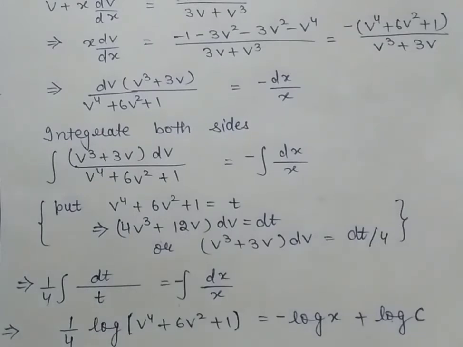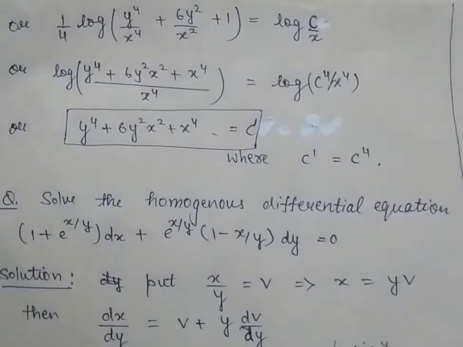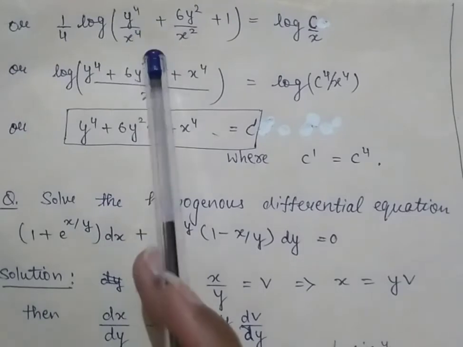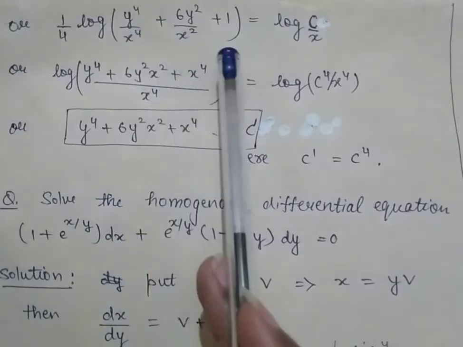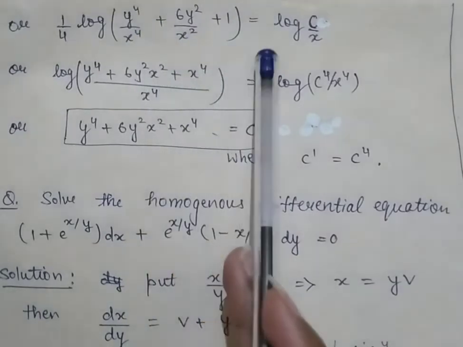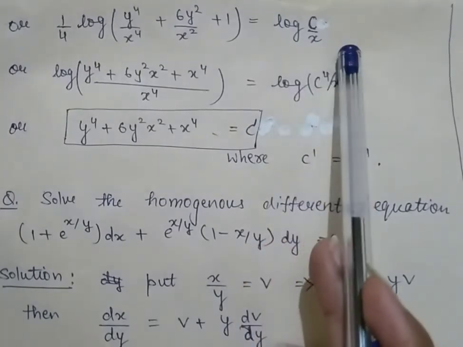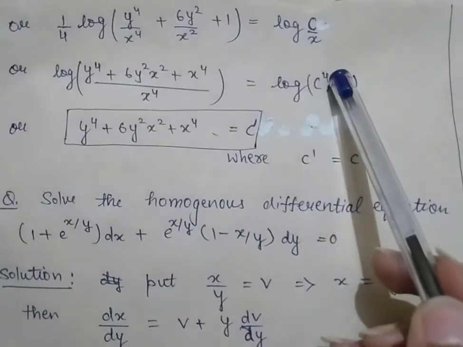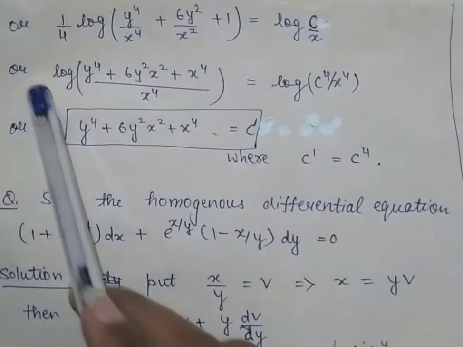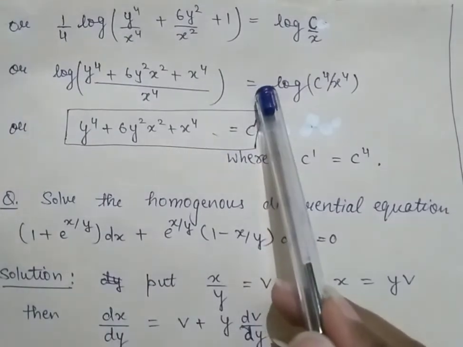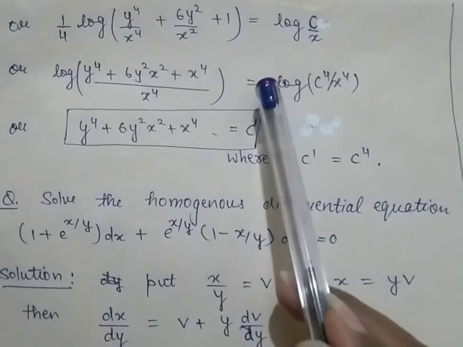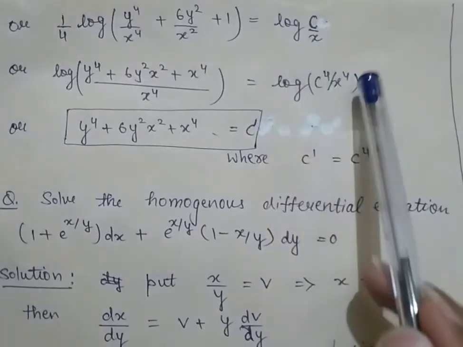So this becomes 1 by 4 log (y raised to the power 4 upon x power 4 plus 6y square upon x square plus 1) equal to log c by x. We have minus log x plus log c. By property of log, this becomes log c by x. Now what we do? We multiply this 4 on the right hand side, and again by property of log, we take 4 in the power.